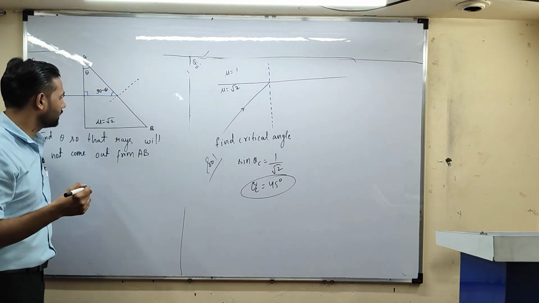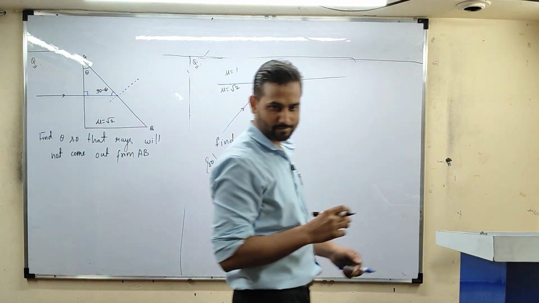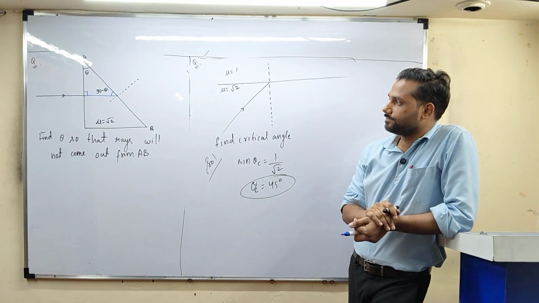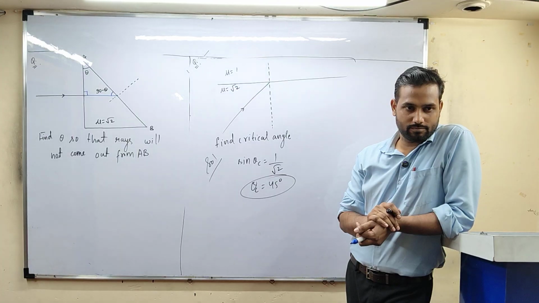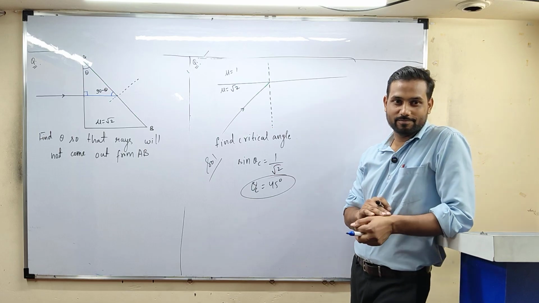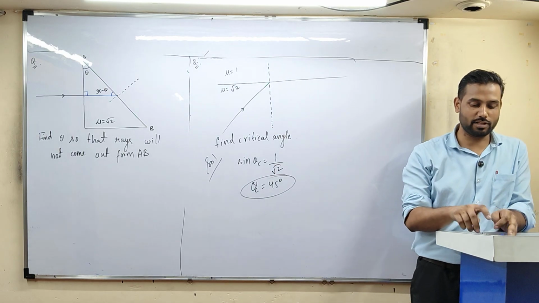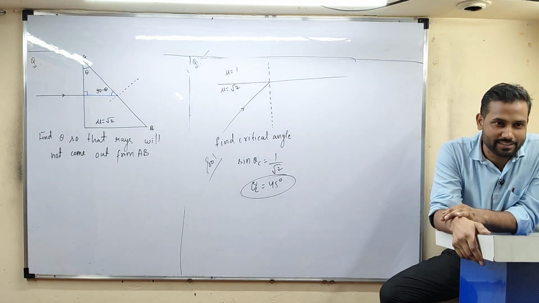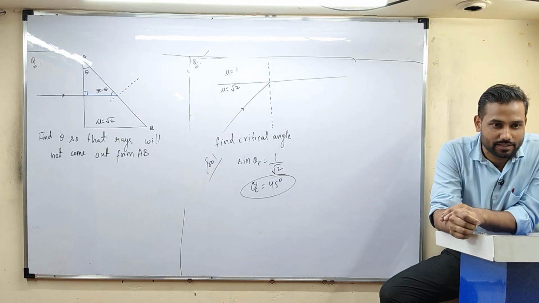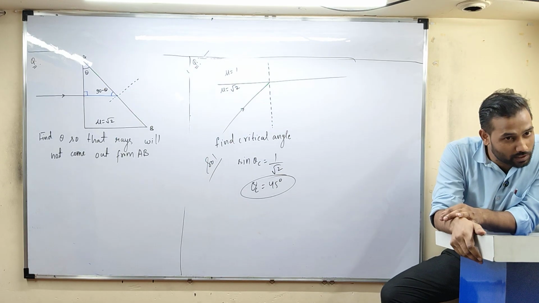This is normal. And then solve. Suma, it's more than 45? Yeah, yes, very good. Theta should be greater than or equal to 45.